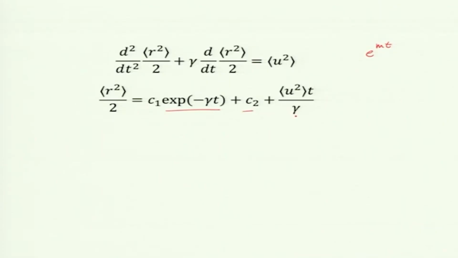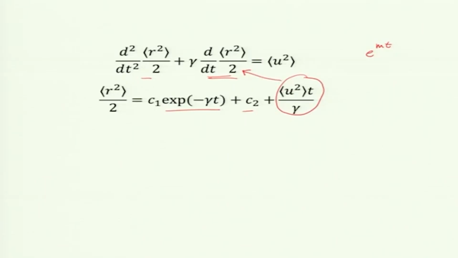And for the particular part, let us try the solution which is r squared linear in t. So, this will give us a constant and this will give 0. So, linear in t satisfies the equation, and the particular solution is unique. I am just doing it by guessing, of course, you can do it by other tricks as well, but this is a particular solution. Just plug it in here, you will find the left hand side will give you u squared.